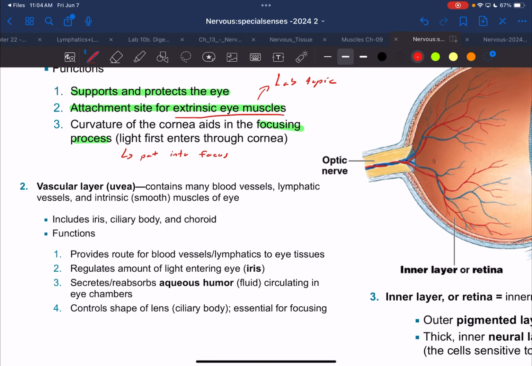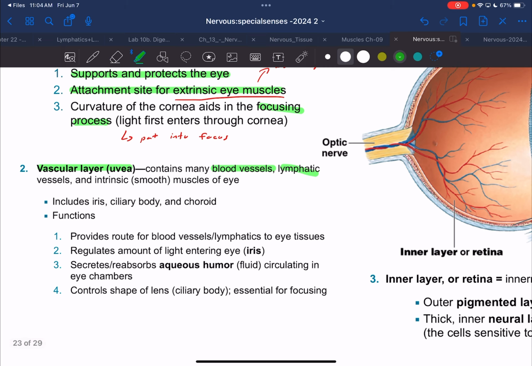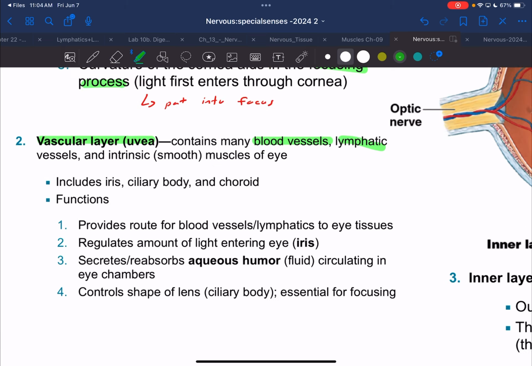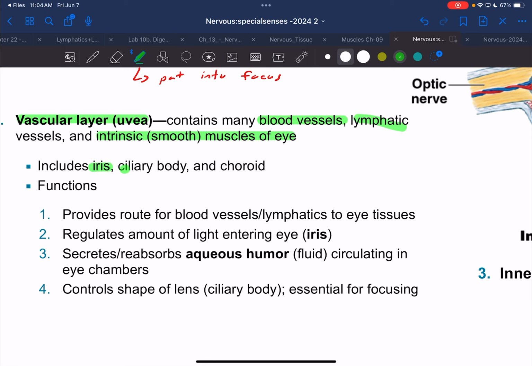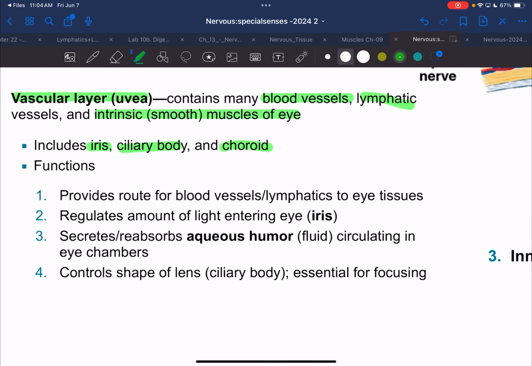The vascular layer is going to be the area with a lot of blood vessels, and wherever we have blood vessels, we probably have lymphatics. And since it's connected to smooth muscles, you can see where this comes from. So that includes the iris, ciliary body, and the choroid. That constricting and dilating of the pupil regulates the amount of light going in.